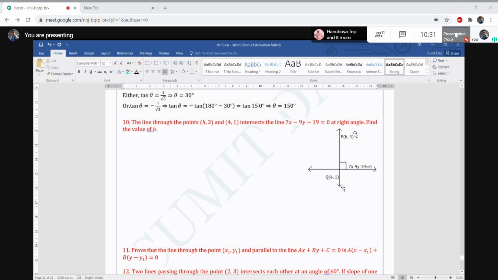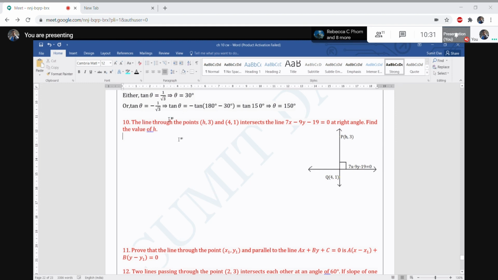Okay, how to do this one? We'll find the slope of the line PQ, and then we'll find the slope of this line. They intersect at right angle, perpendicular. That means the product of their slopes will be -1.